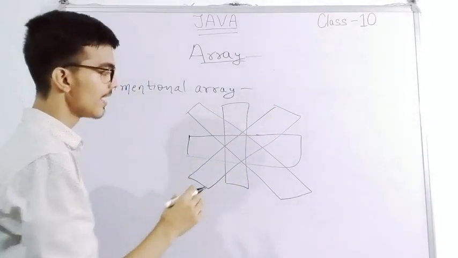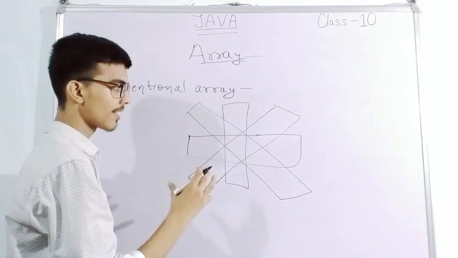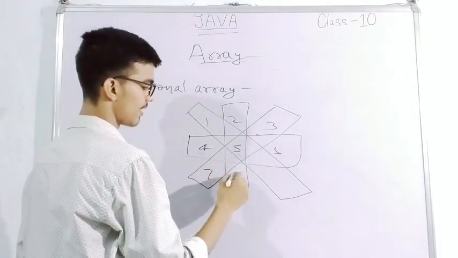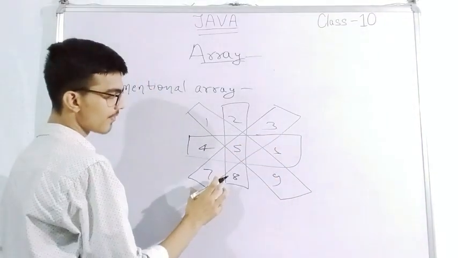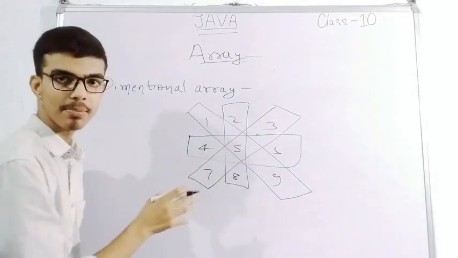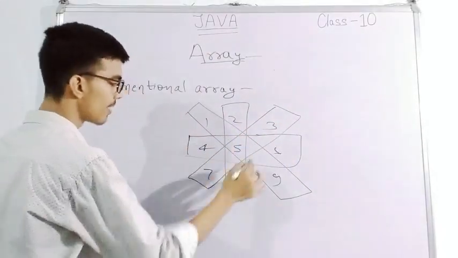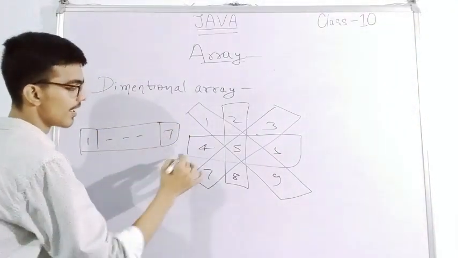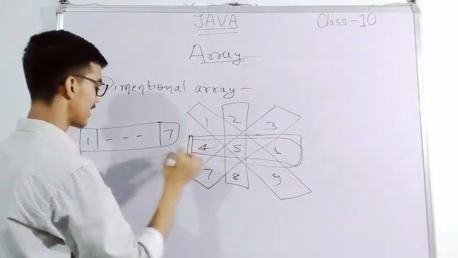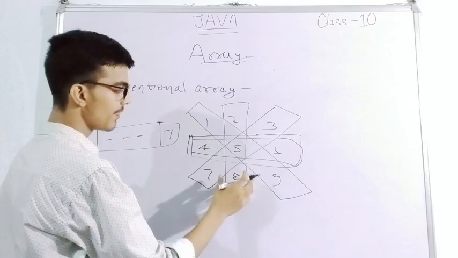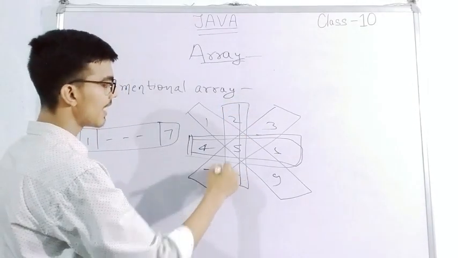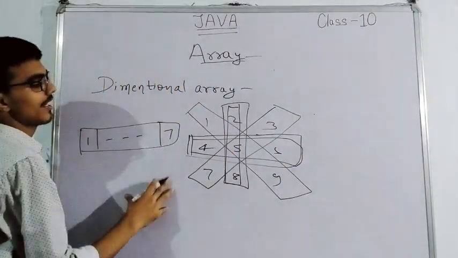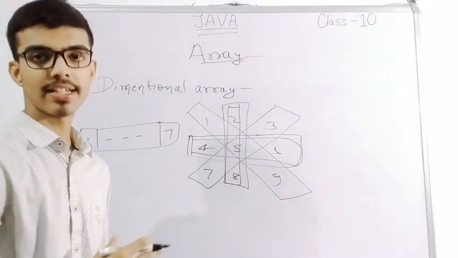This means that it will follow some kind of pattern. If we say 1, 2, 3, 4, 5, 6, 7, 8, 9, or 3, 5, 7, this has a dimension. I have taken an example from 1 till 7. This is one form of the example given by me. If you want to take 2, 5, 8, then we can easily change it, and this is known as dimensional array.